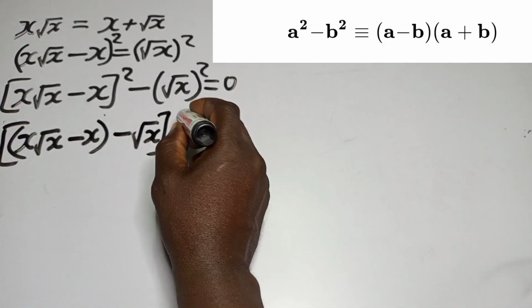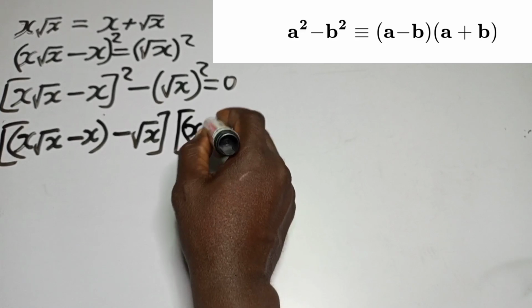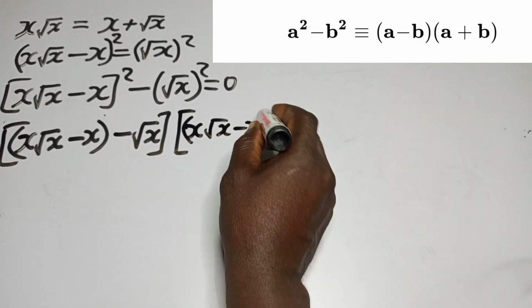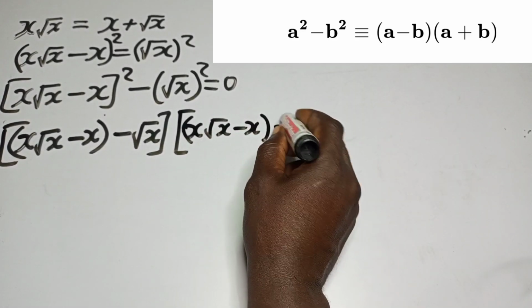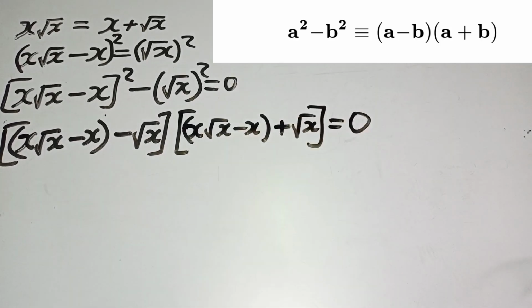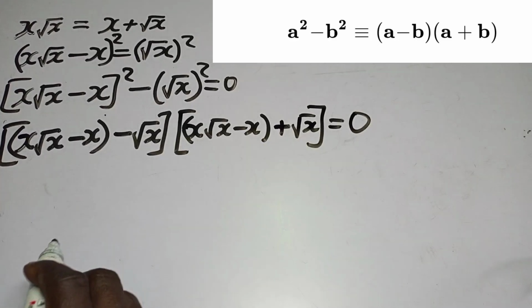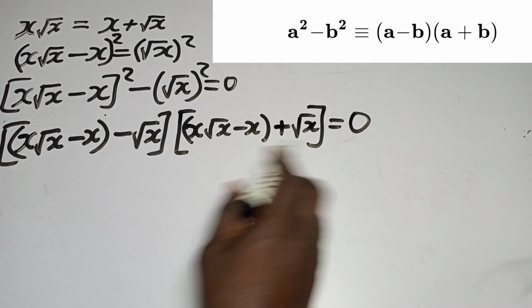Multiply to x root x minus x plus root x. That product giving us 0. We have the product of this expression and this expression giving us 0. So either this is 0 or that one is 0.